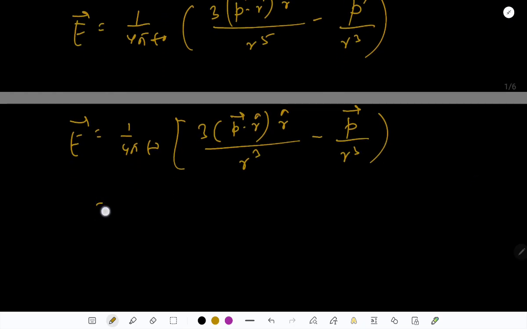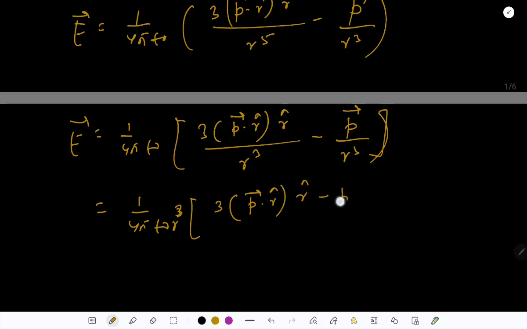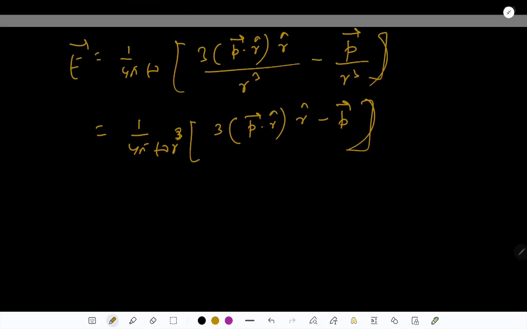So we can write something like 1 by 4 pi epsilon naught r cube, and the term inside the bracket can be simply written as 3 p dot unit vector r minus vector p. Yeah. And now we can simplify this thing.